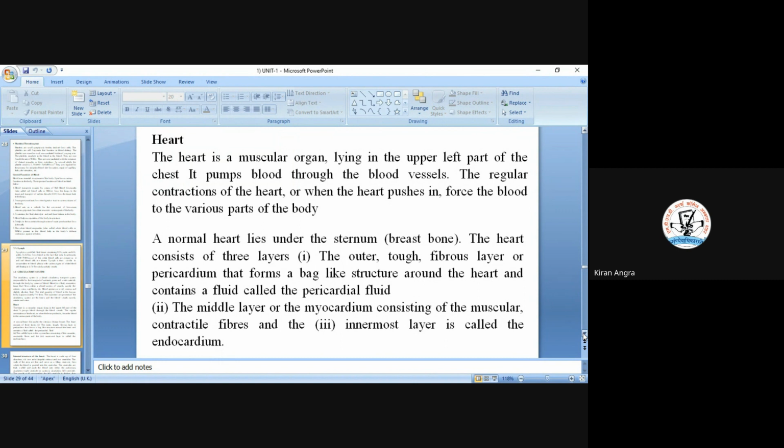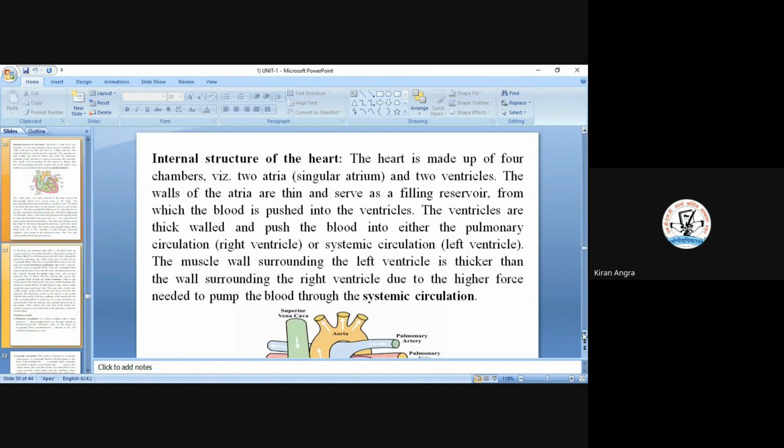The ventricles have a thick wall, because they push the blood into either the pulmonary circulation or the systemic circulation. I will make you understand. The muscle wall surrounding the left ventricle, I just told you, is thicker than the atriums.